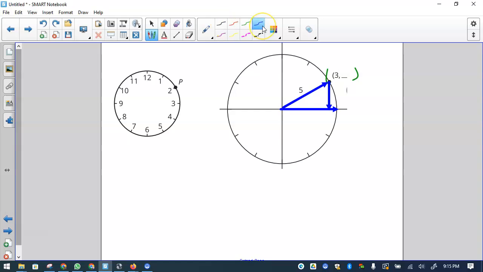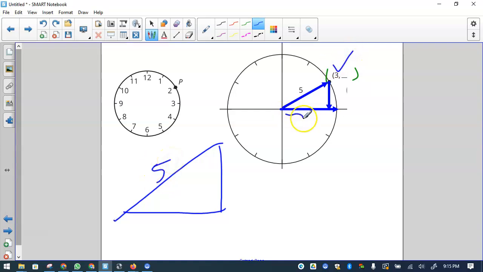This is 5, and because this is 3, that means this is 3 here. So I put a 3 here, and that is a 90 degrees. Let's draw 90. So there is an angle here.